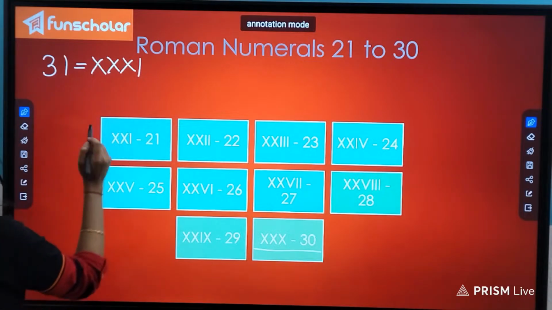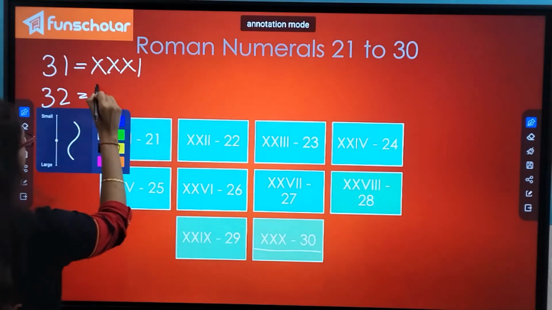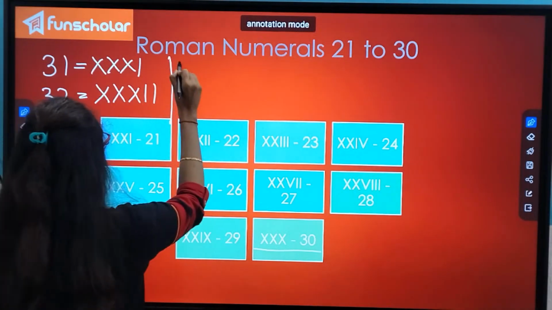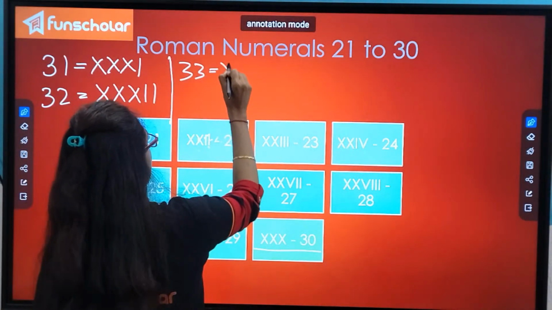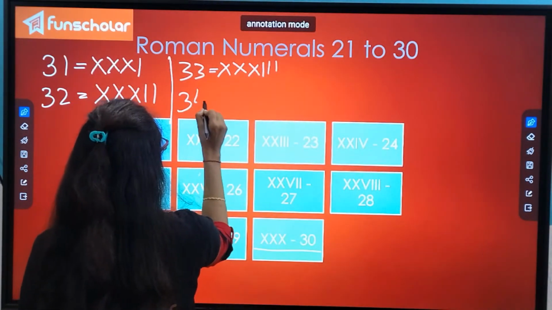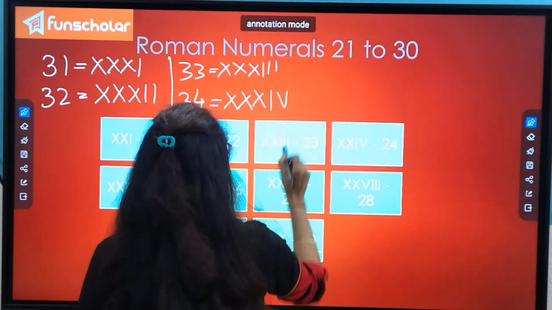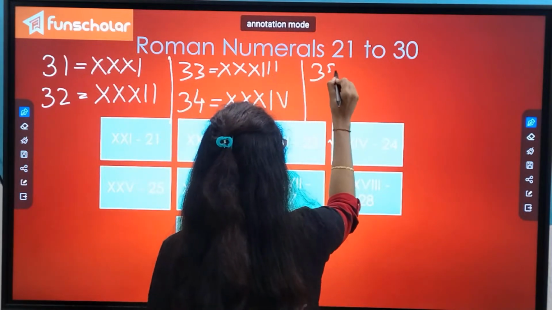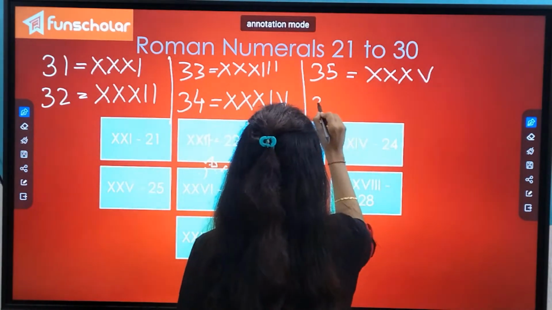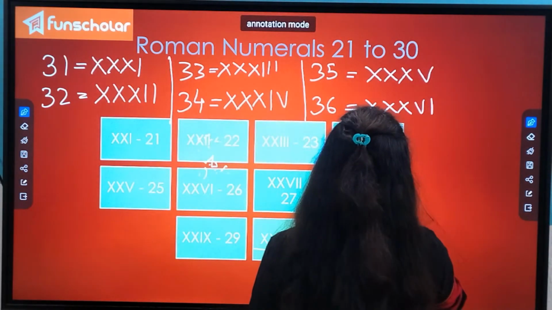So, 31. 32, triple X and double I. 33, triple X and 3 I's. 34, triple X and 4 I's. Done. 35, triple X and 5. 36, triple X and 6.